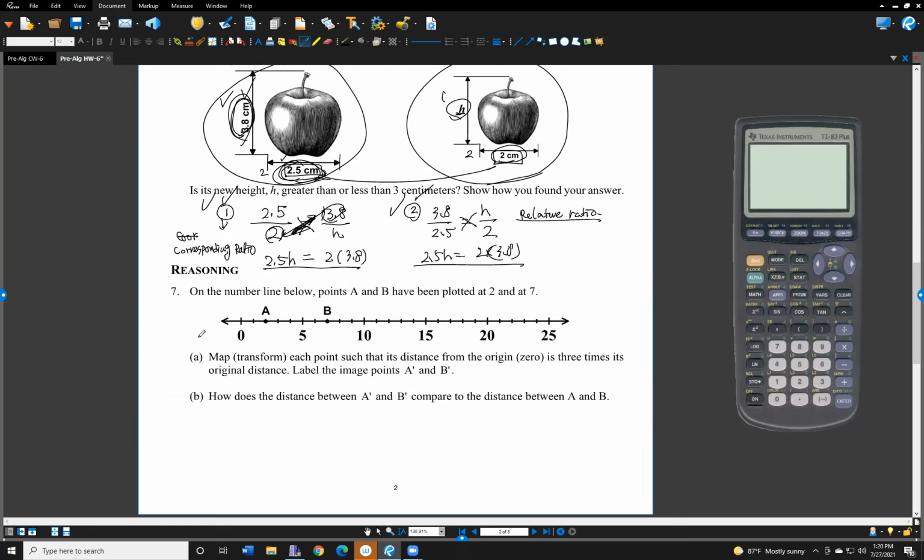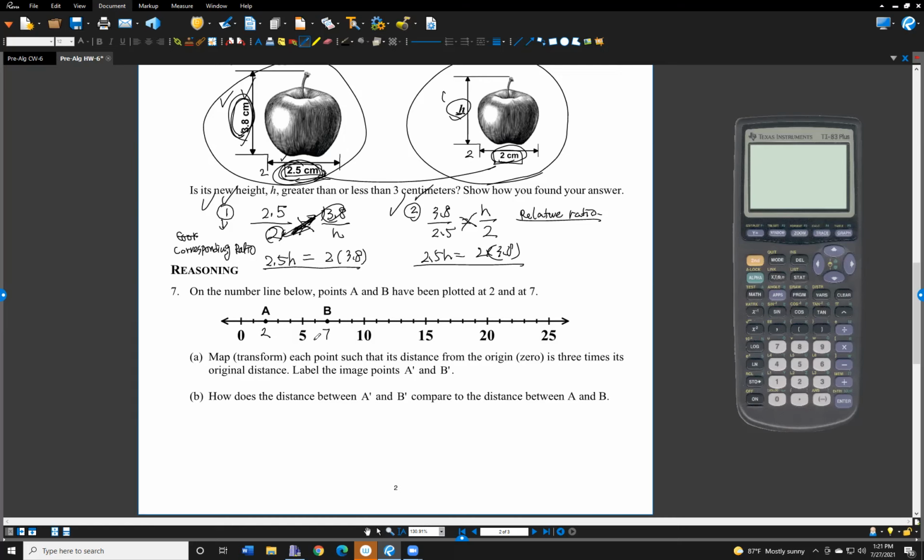Right, number 7, we have the points over here. We're going to use a dilation, right? It changes their distance, but we need a center, from where it's going to be expanded or shrunk. So we have each point such that each distance from the origin, from this distance, this is 2, this is 7, something like that.